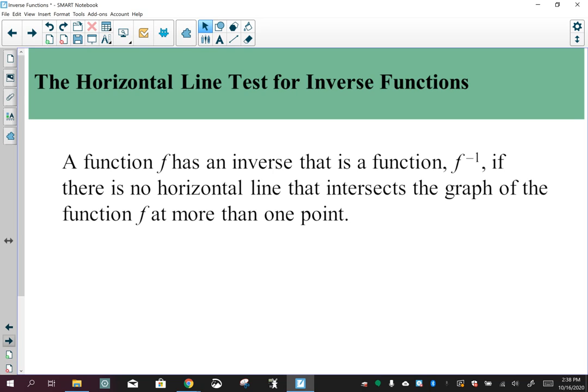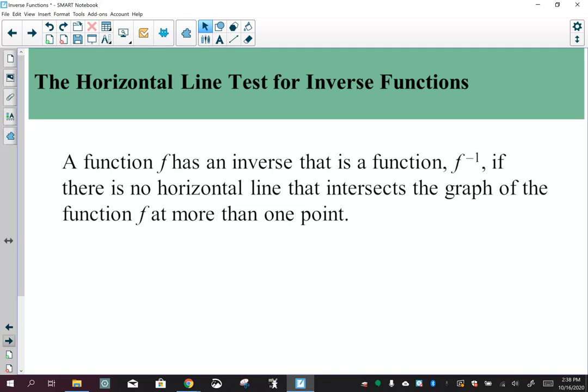And as long as the graph is only intersected by the horizontal line once, then that graph actually has an inverse. But if that graph is crossed more than once, then even though you can find it algebraically, graphically it does not have an actual inverse. So we need to pay attention to that and be aware of that.